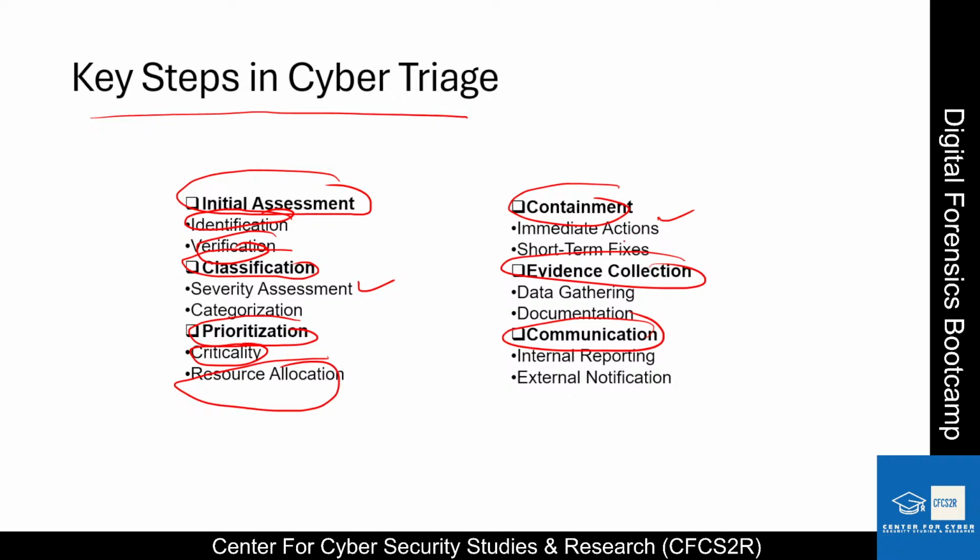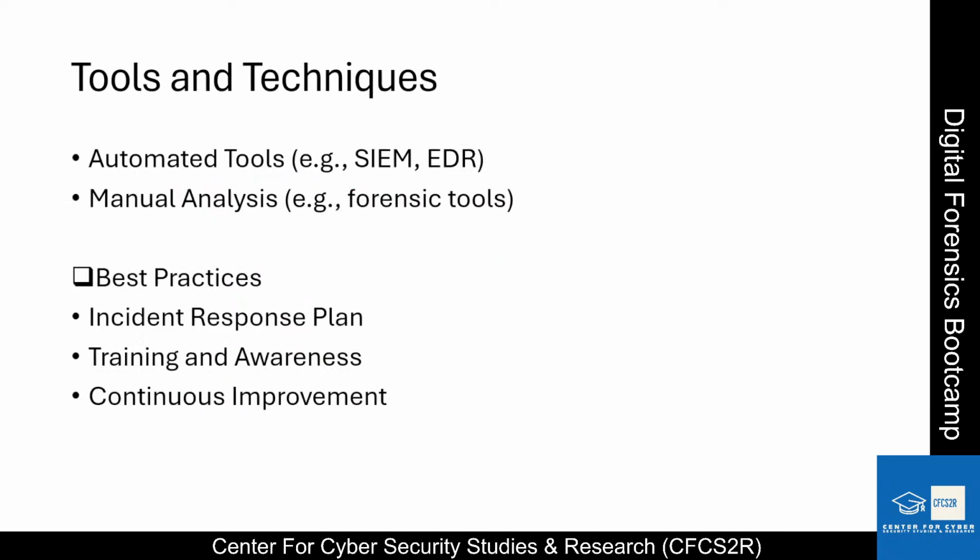What are the short-term fixes, like immediately what you're going to do, data gathering, documentation, internal reporting and external notification. So these are the points that are usually seen during the entire cyber triage process.